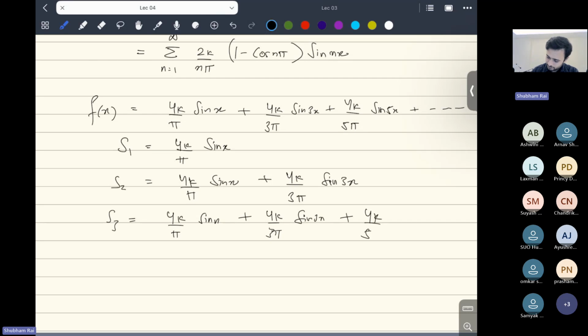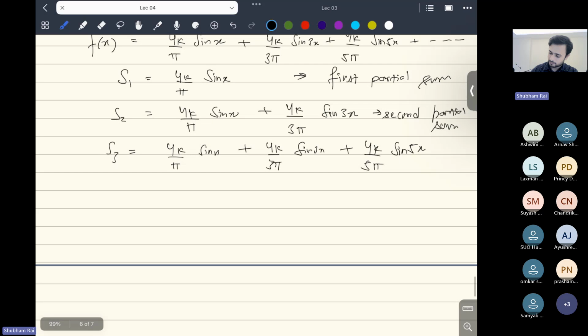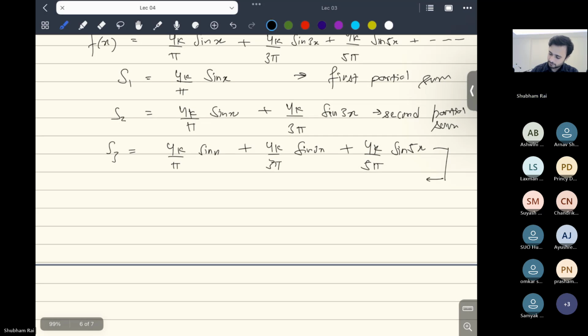So this is the third partial sum. Okay, so we just say that this is the first partial sum, this is the second partial sum, and here this is known as the third partial sum.